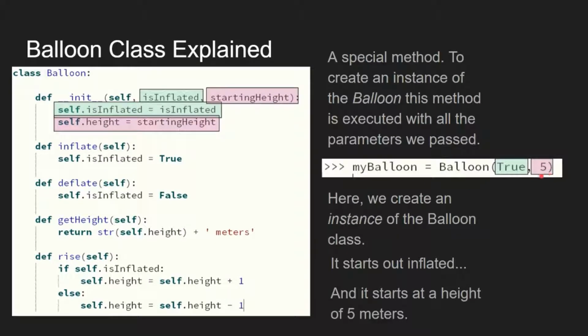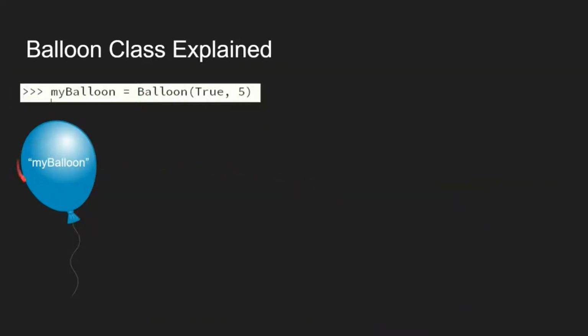It also starts out at a height of 5 meters because the second argument we pass is 5. The parameter starting height is set to that argument 5, and then we're setting the height property, the height variable of the balloon, to 5. So again, we have this instance of the balloon named myBalloon, which can be thought of as this single balloon here.